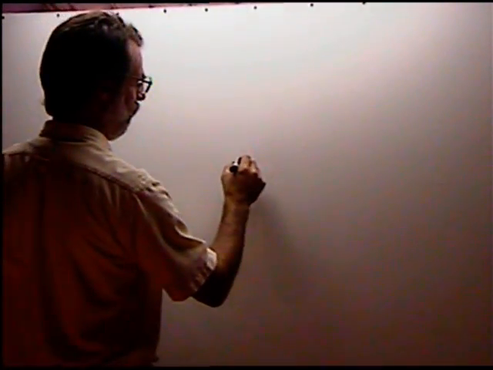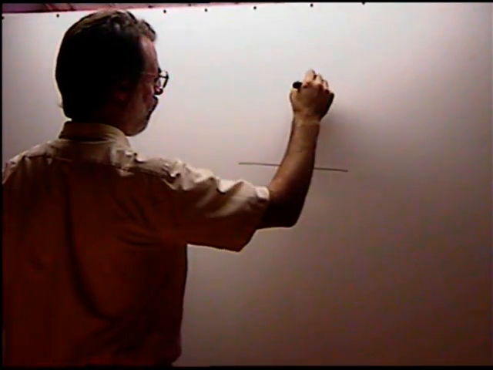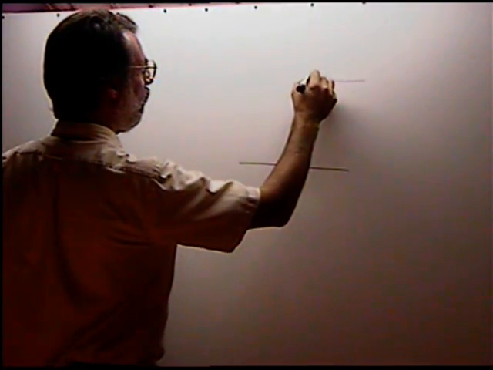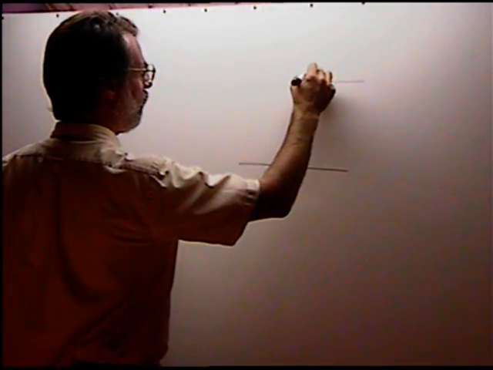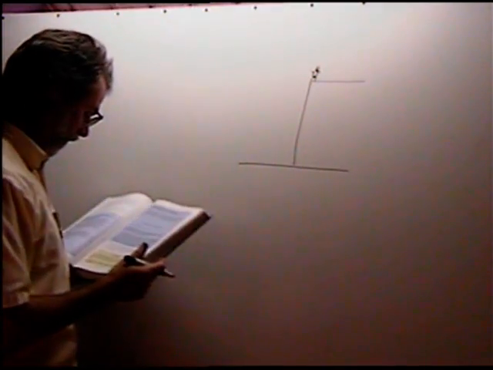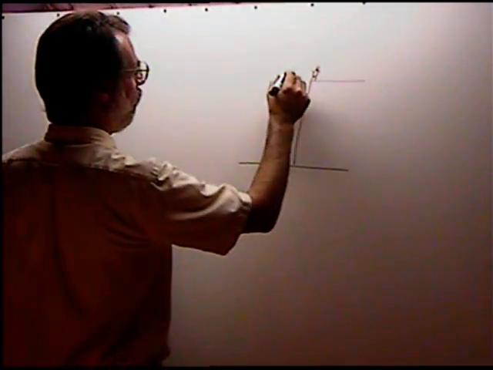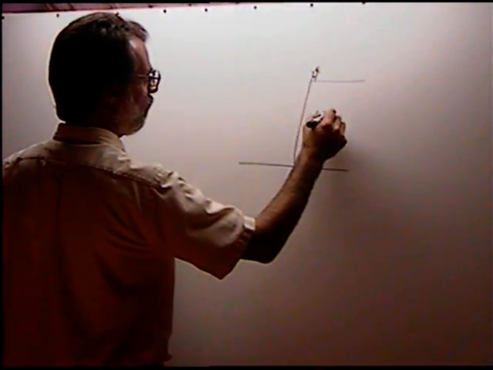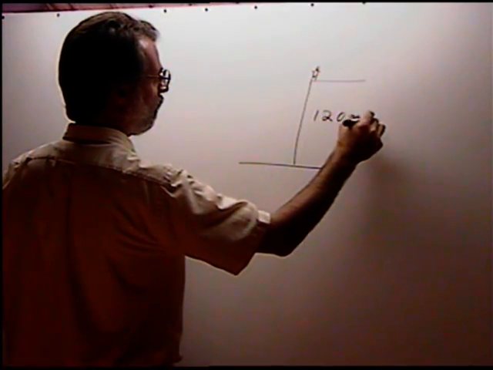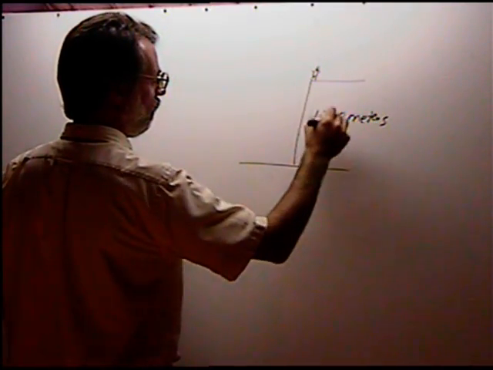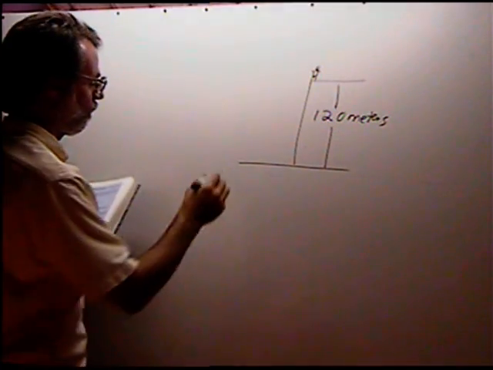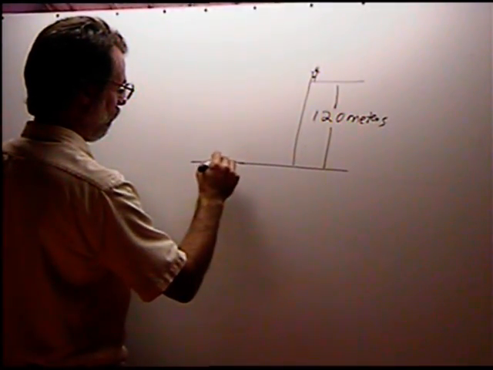Okay, this is a problem that's a little bit more complicated. You draw a picture. Here's a cliff, and a person's right here. And this distance is 120 meters up. This distance is 120 meters. And here's the ground.